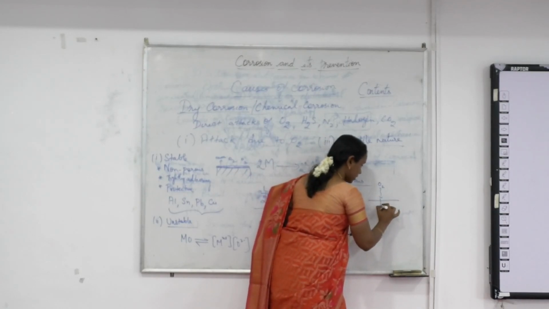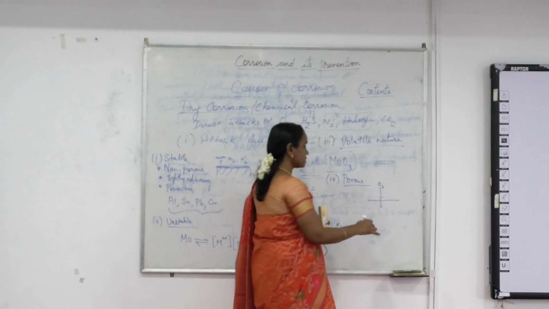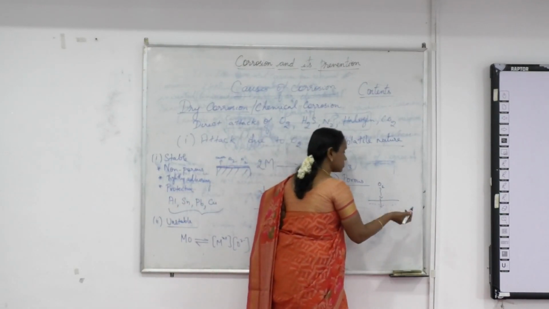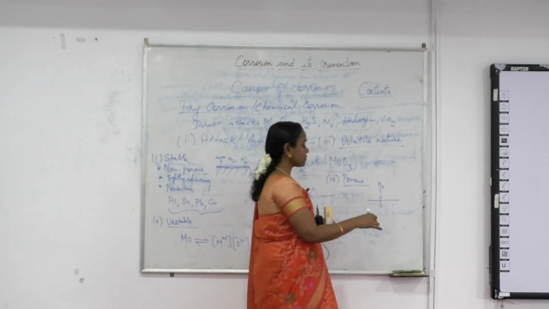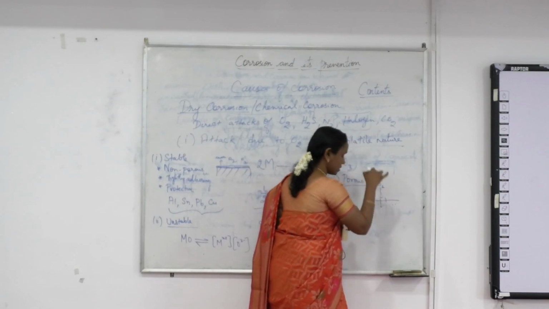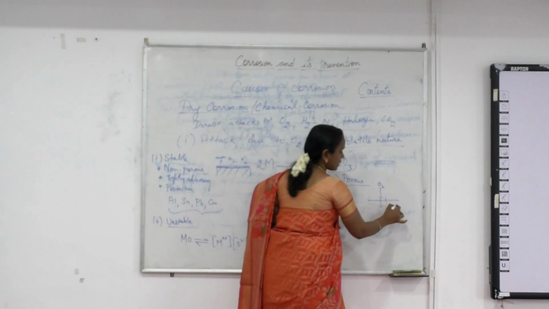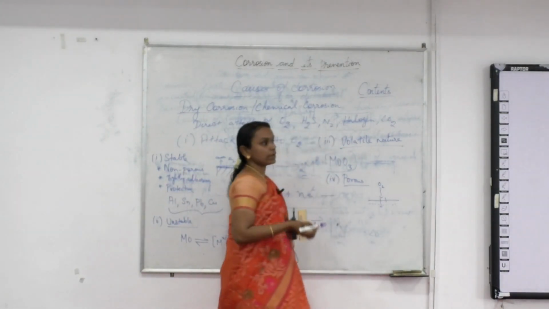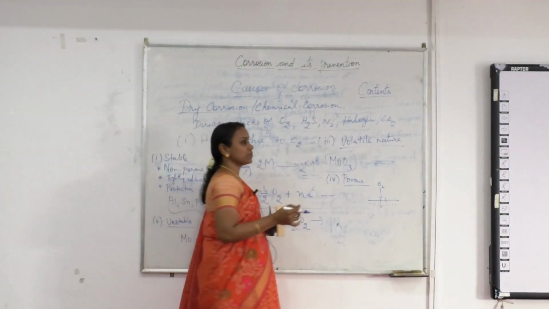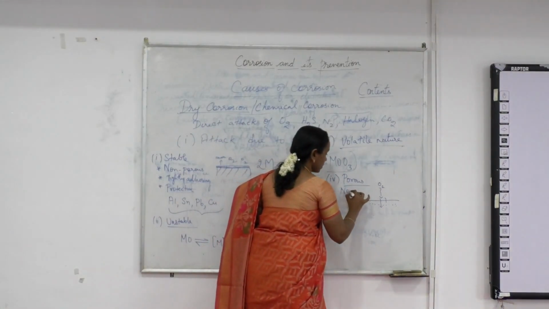It can seep inside the metal and attack the metal atoms present deep inside. It can cross the barrier of the initial metal oxide layer and attack the metal ion. So, if the metal oxides are porous in nature, then it is non-protective.